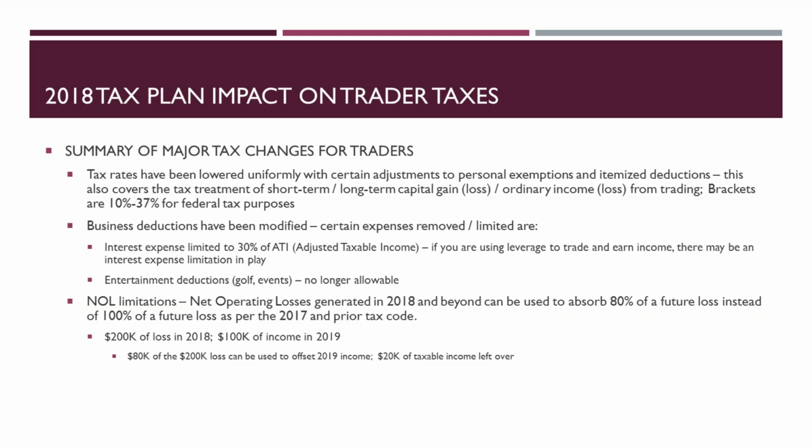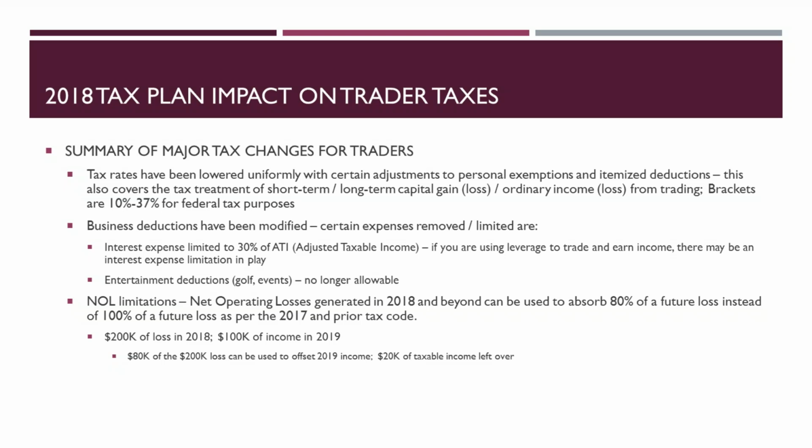Under the new tax regime, take that same $100,000 loss, you're only allowed to use it to absorb 80% of any future profits. So let's use examples again. I've typed one out here. Let's say in 2018 we've generated a $200,000 loss from trading under a mark-to-market election, which is going to be considered an ordinary loss. Then let's say in 2019 we've generated $100,000 of trading profit.